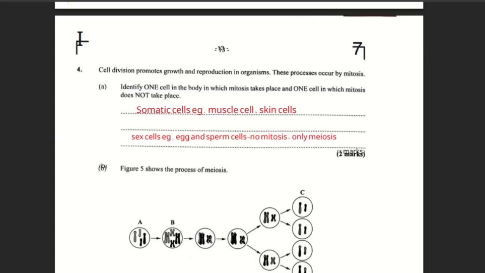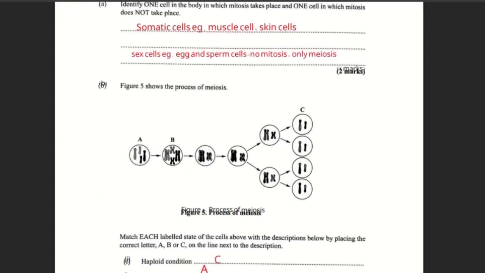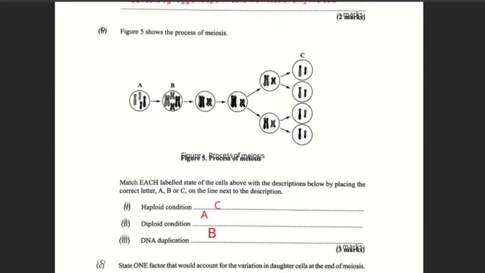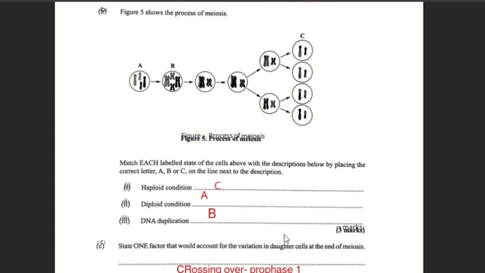Right, so now let us look at the process down here. The process of meiosis, right? We said that at the end of mitosis we're going to end up with two daughter cells. At the end of meiosis we're ending up with four daughter cells, right? So we're going to start off diploid and then end haploid in meiosis.